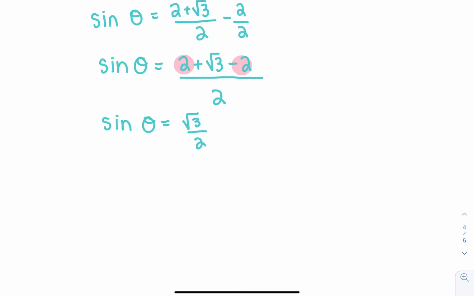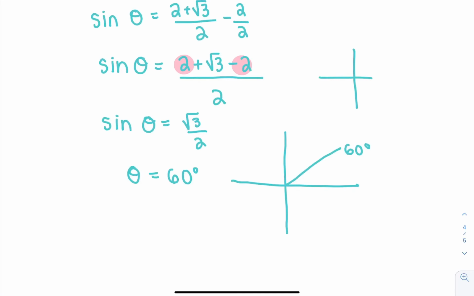And now this is an easy problem. So now what we're wondering is, where is sine of theta the square root of 3 over 2? If you look at your handy little table on the first page of your notes, that happens the first time when theta is 60 degrees. That's our reference angle. So I know it at least happens right here at 60 degrees. This is positive. So where else is sine positive? I'm going to write my little All Students Take Calculus.